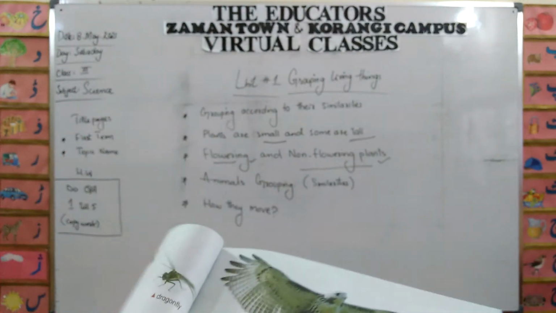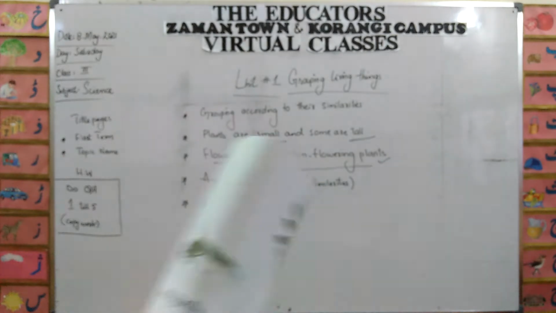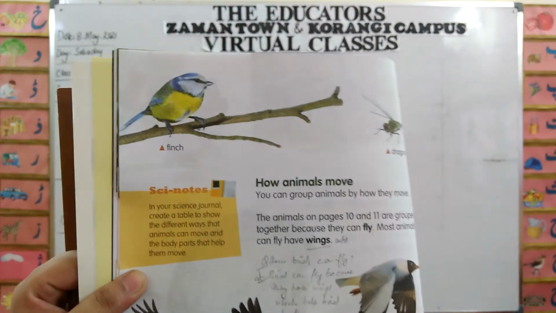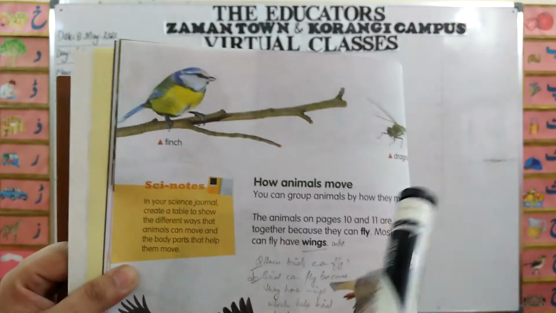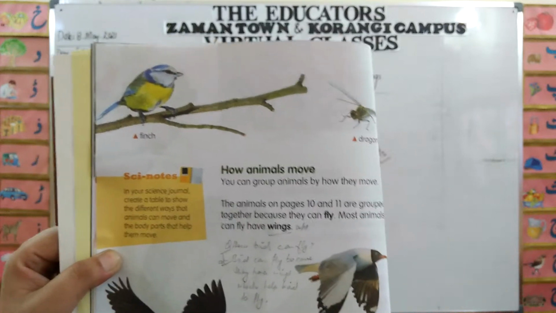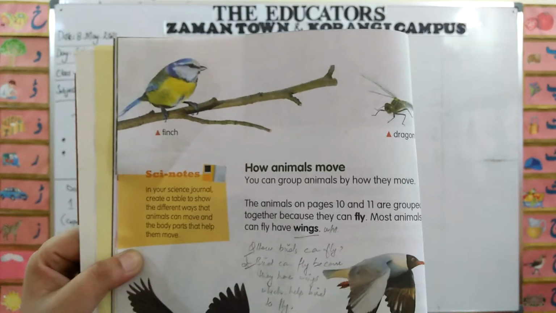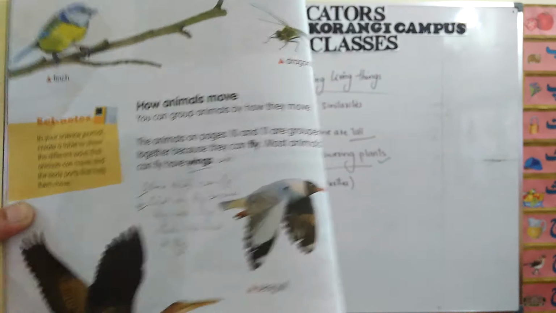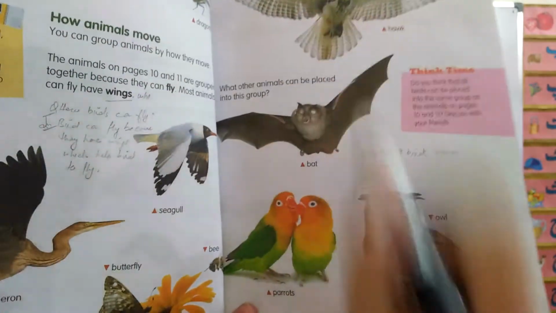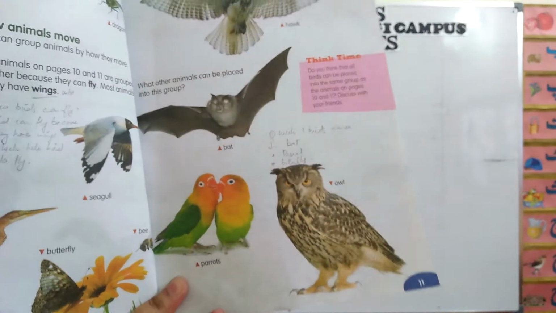Turn the page. How animals move. Today we are going to discuss how animals move. You can group animals by how they move. We are talking about their movement. The animals on page number 10 and 11: you can see these are birds, and we know how birds move.